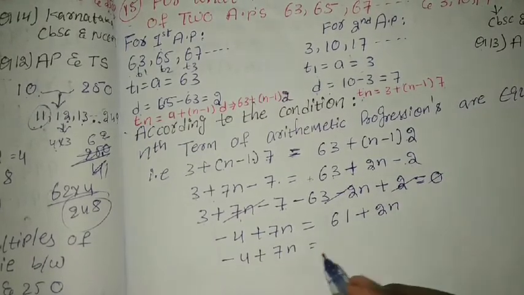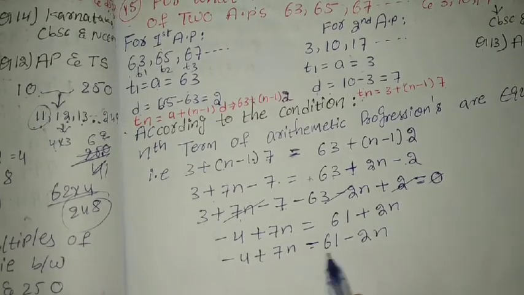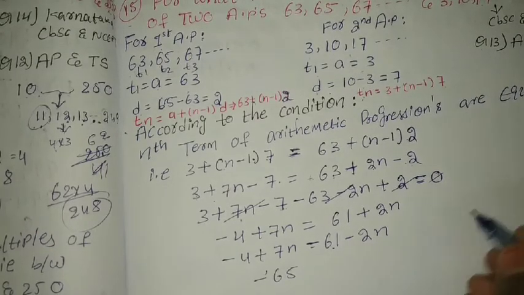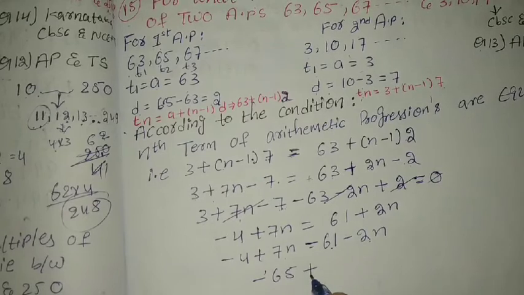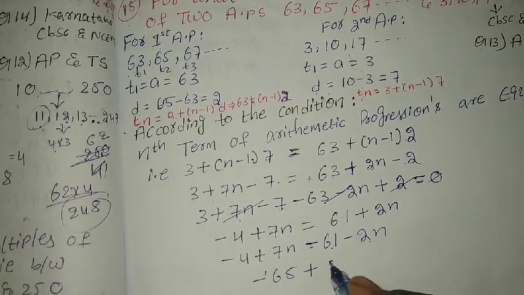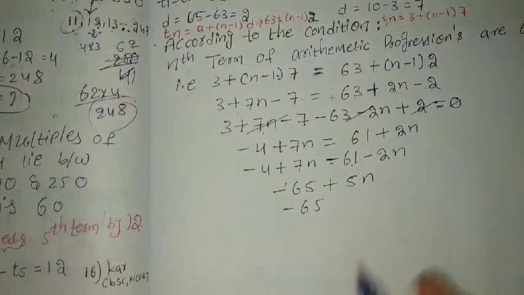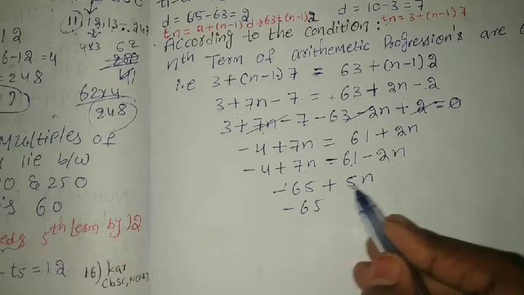That means what I told now. Minus 61 minus 2n. Okay, minus 4 minus 61 is minus 65. Okay, plus 7n minus 2n will become plus 7 minus 2, what? 5n. So minus 65. If we move it to the right side, we will get minus 5n.